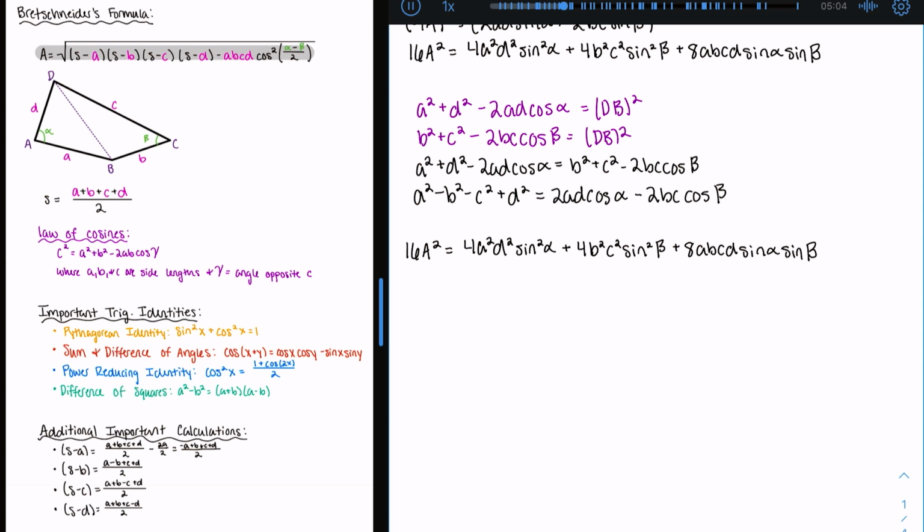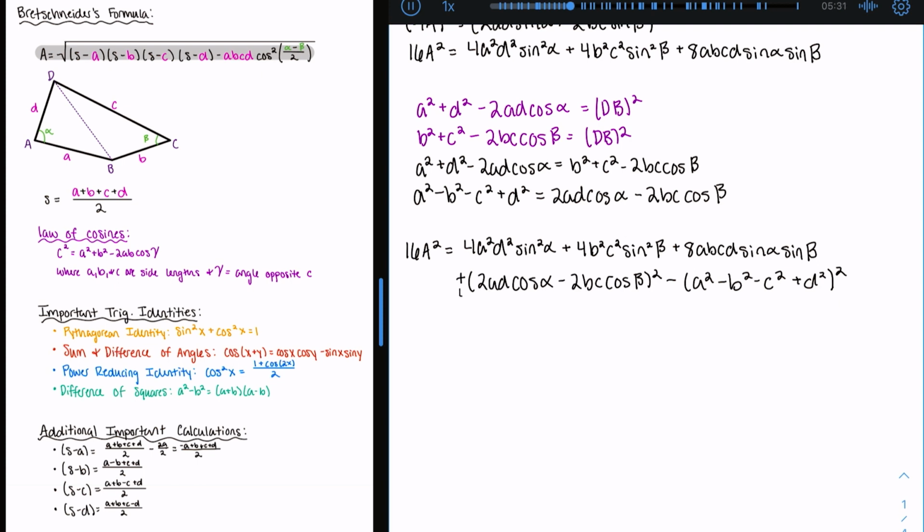So we are going to add the right side squared, so plus 2AD cosine of alpha minus 2BC cosine of beta squared, and subtract the left side. So we have a squared minus b squared minus c squared plus d squared all squared.